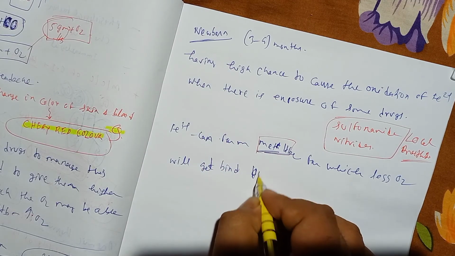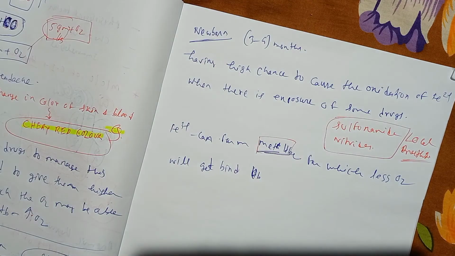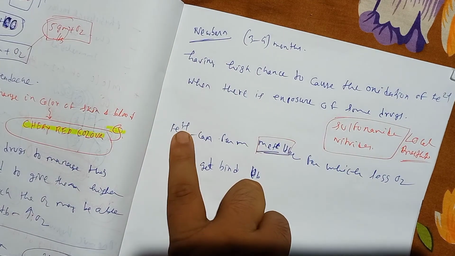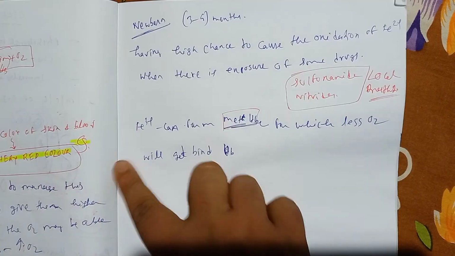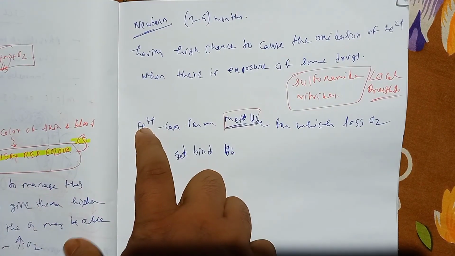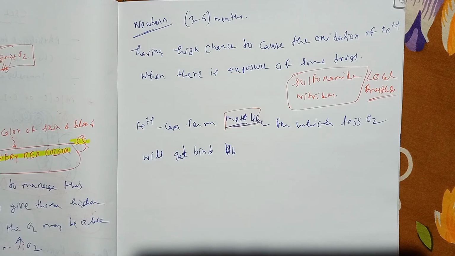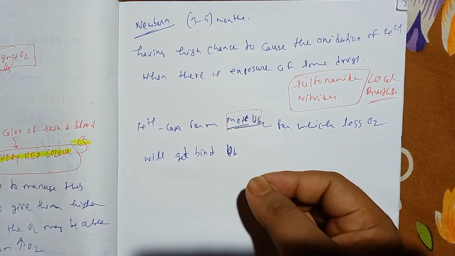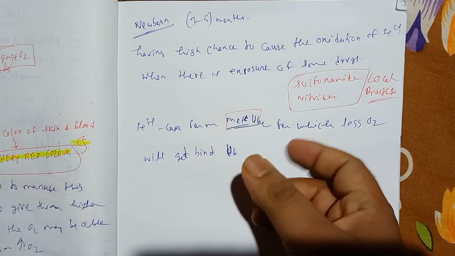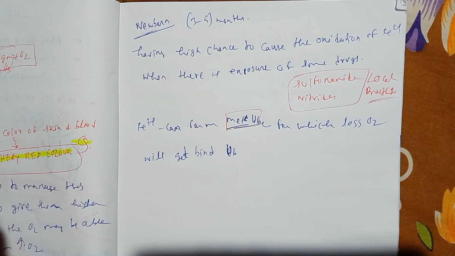Why? Because if the amount of Fe3+ increases, then the amount of Fe2+ does not increase. We all know that only Fe2+ has the capacity to combine with oxygen, but Fe3+ does not. So if the amount of Fe3+ increases, of course less oxygen will combine with the hemoglobin. Okay guys.